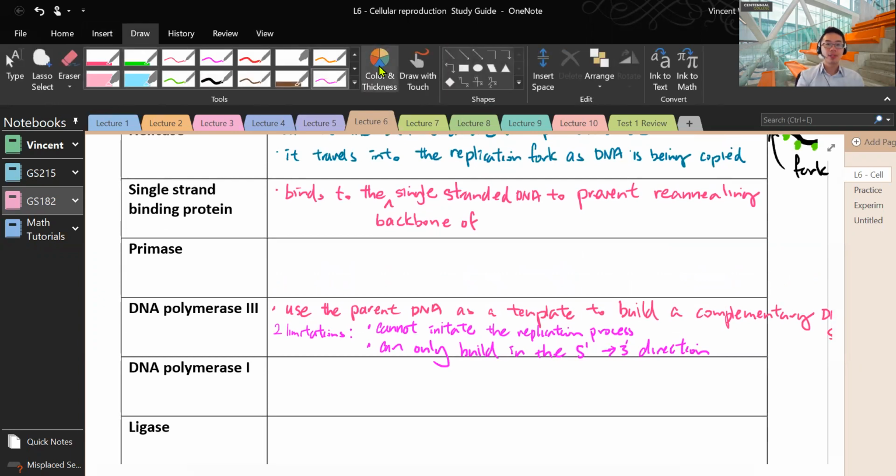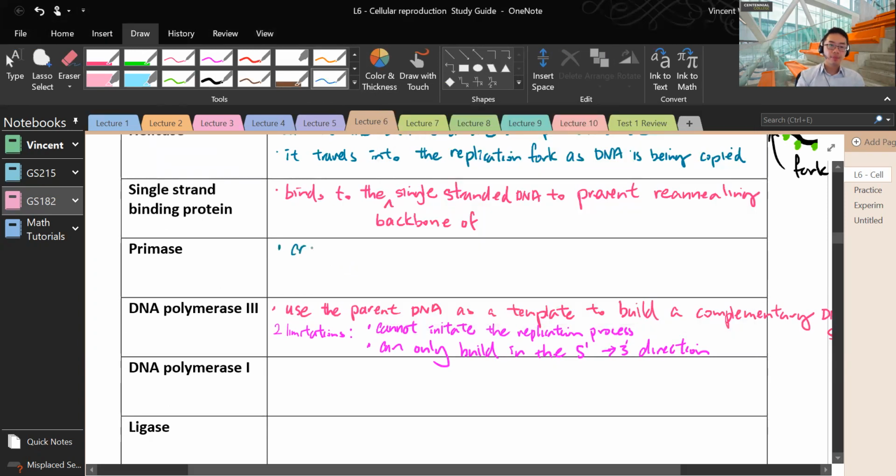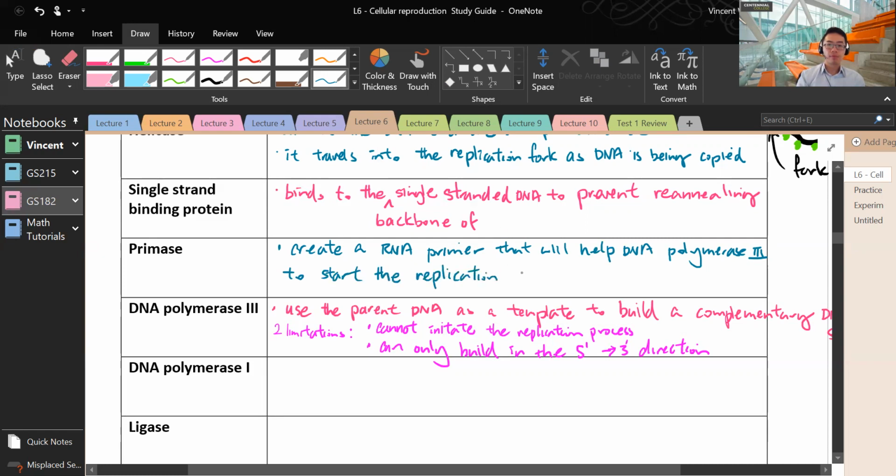What primase does is it will create an RNA primer that will help DNA polymerase 3 to start the replication process.